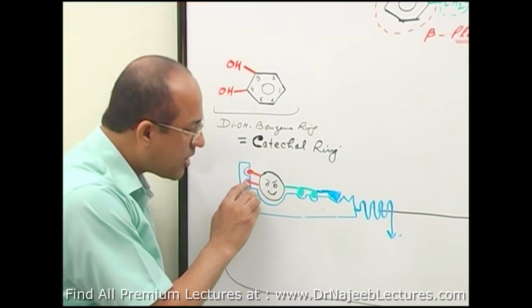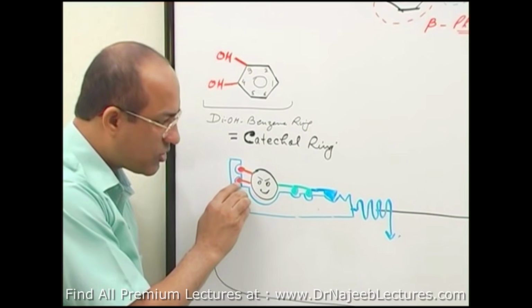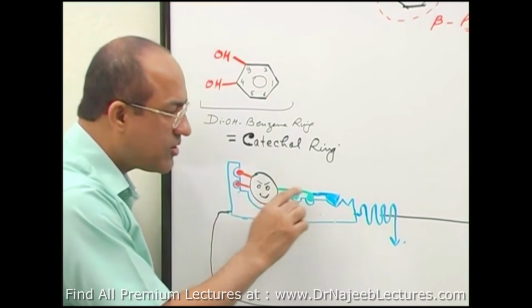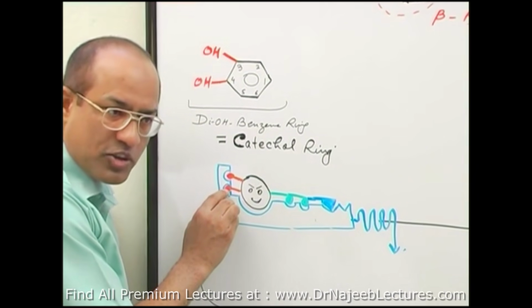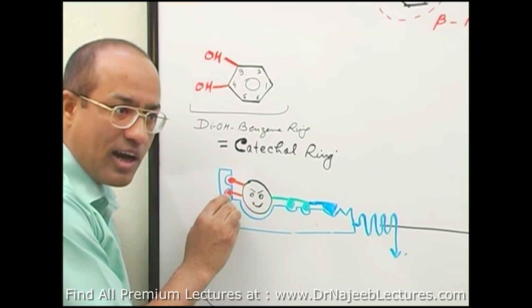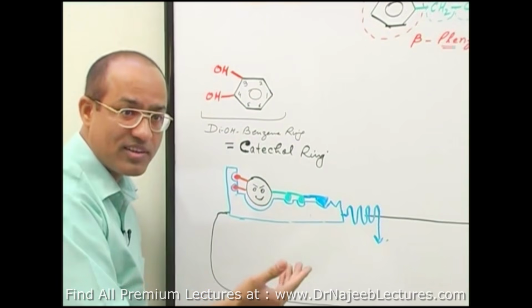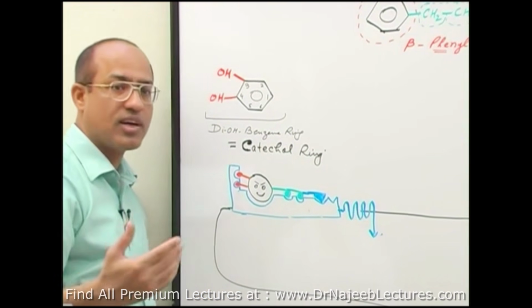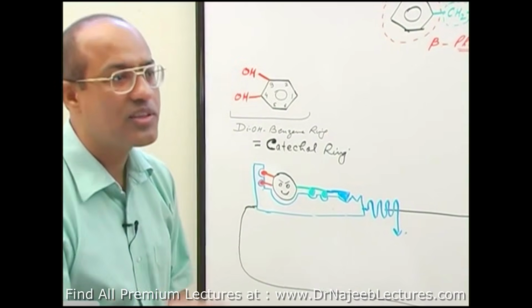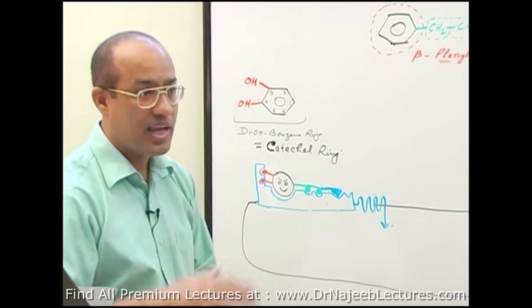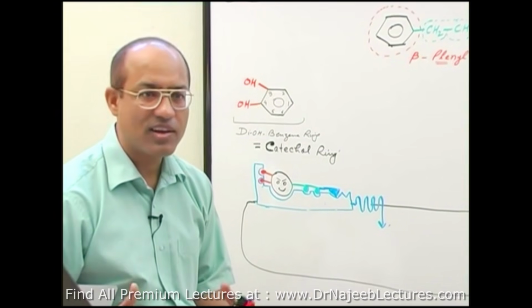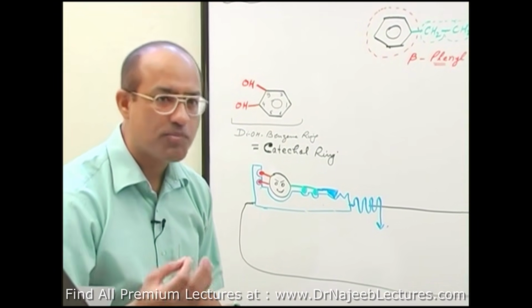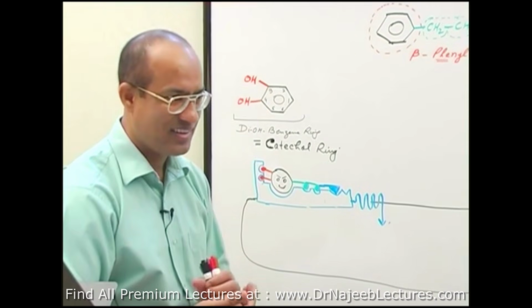When these two hydroxyls are present, of course, the catecholamine drug will bind more strongly with the receptor. So the action of the drug on the receptor will be increased, and such sympathomimetic drugs which bind directly with the adrenergic receptors and stimulate them are called direct acting sympathomimetic drugs.